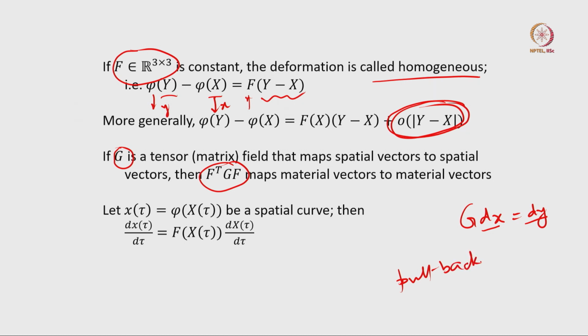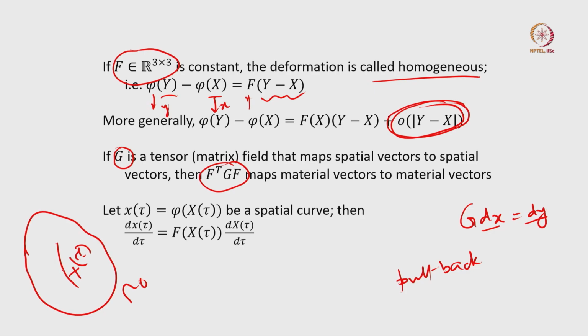Instead of dx, we can also think of, in the material body, this is my material body, my omega 0, instead of a single point here, I can think of a curve. The curve consists of a set of points, and that curve is parametrized by a scalar, call this scalar tau. So, this is my curve X(tau).